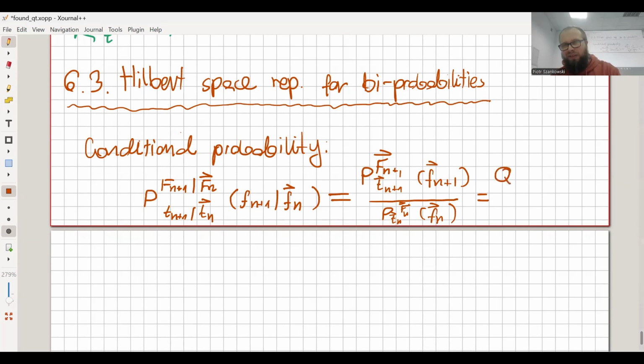The probabilities are the diagonals of bi-probabilities, right? So everything can be rewritten in terms of Qs.